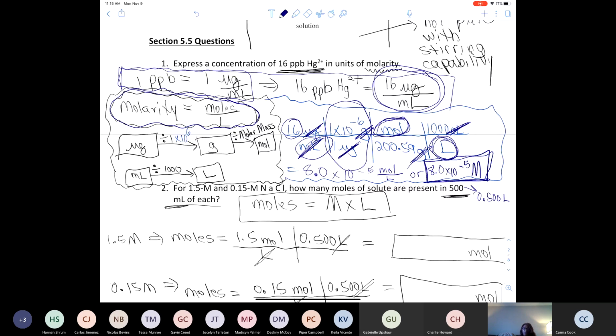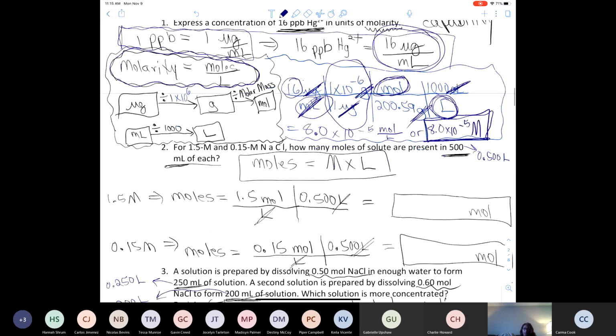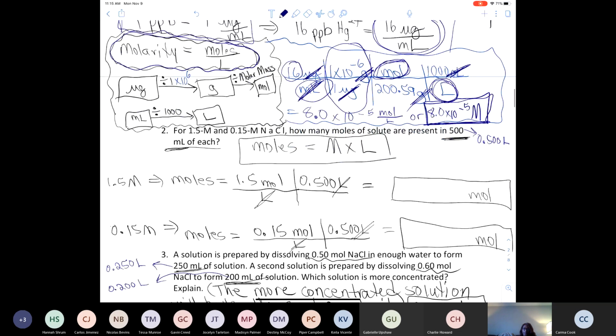Any questions about number 1? Number 2 is also a molarity-based problem. We're given 2 different molarities, 1.5 molarity and 0.15 molarity solutions of sodium chloride, NaCl. How many moles of solute are present in 500 milliliters of each of these solutions?